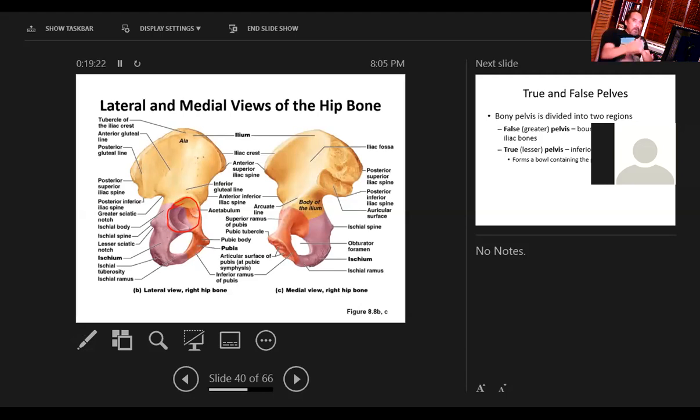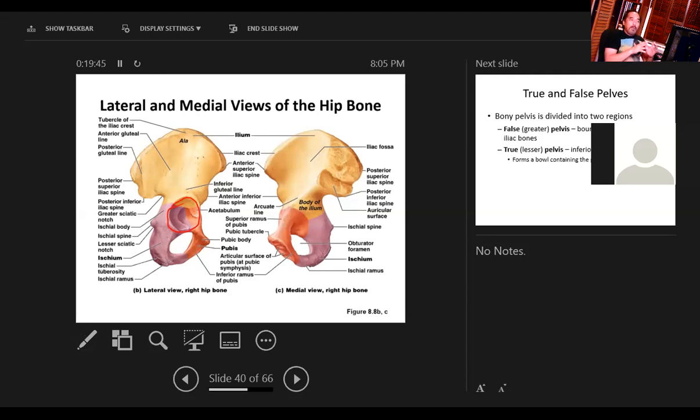Do you remember what that is in the pectoral girdle? We have an acetabulum with the head of the femur. In the pectoral girdle, that was the glenoid cavity with the head of the humerus. Again, I said the architecture of the upper and lower extremity is the same, okay? A similarity.